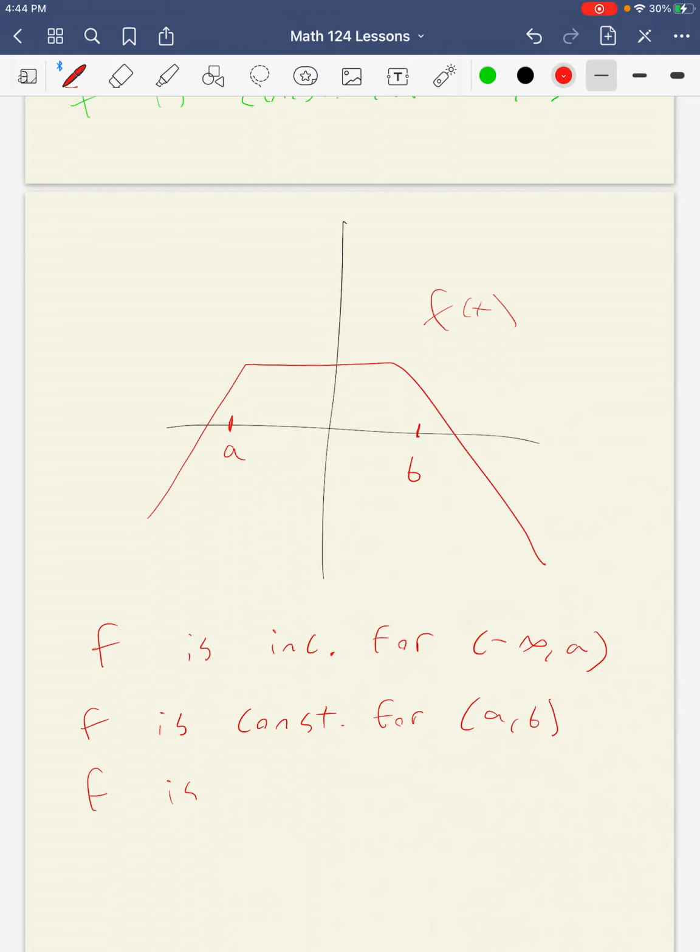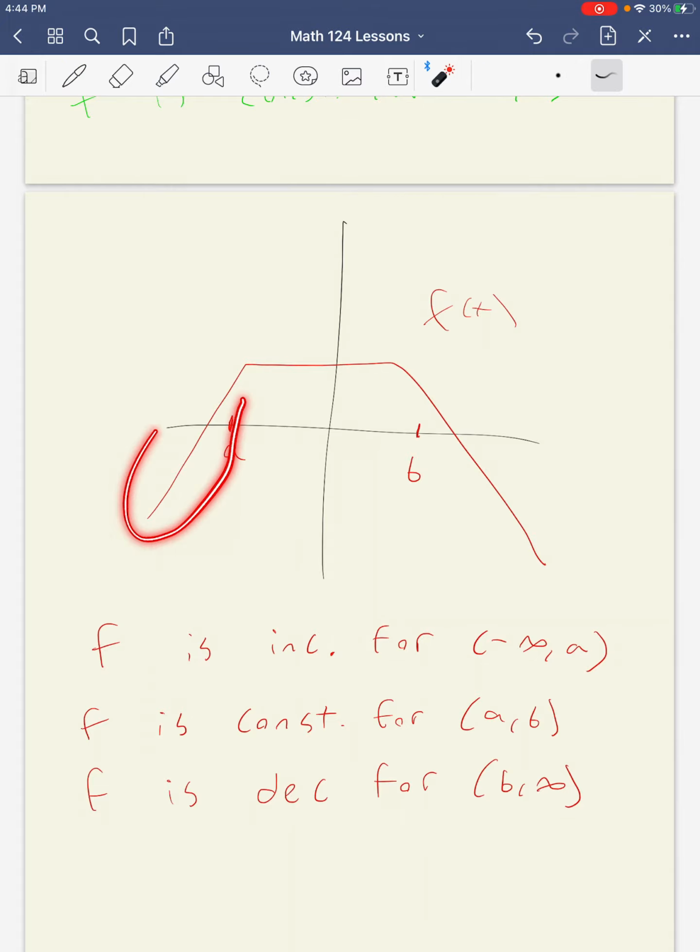And f is decreasing for b to infinity. Right, so again, we think of this as an increasing slope, this as a decreasing slope.